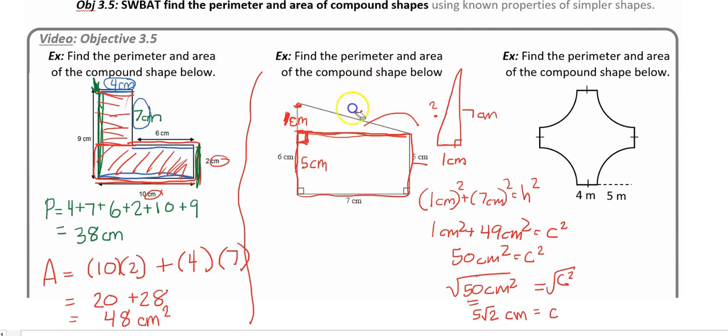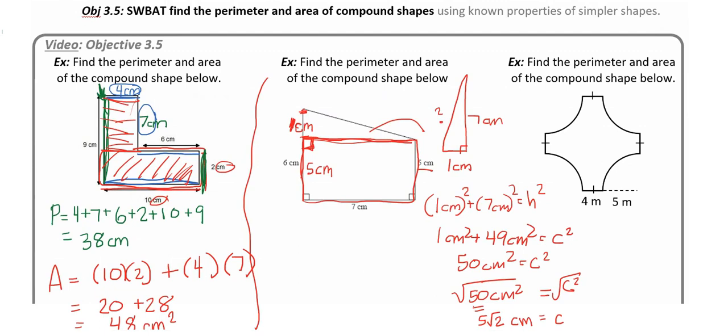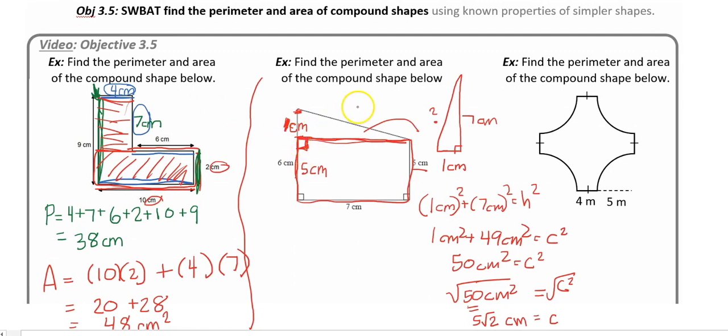This dimension is 5 square roots of 2 centimeters. So the perimeter is, I'll start up here, 5 square roots of 2 plus 5 centimeters plus 7 centimeters plus 6 centimeters.